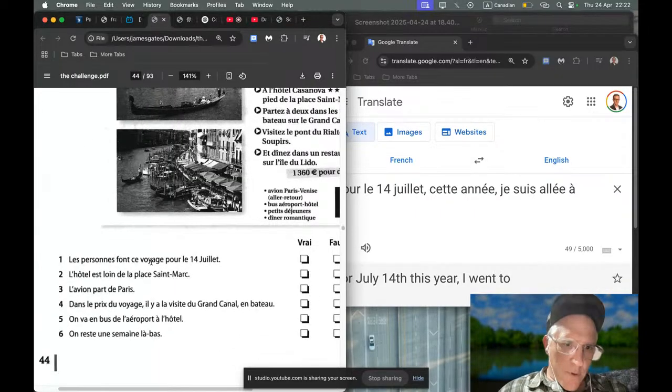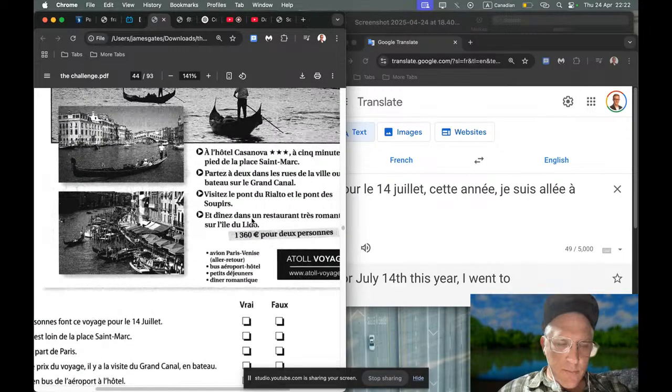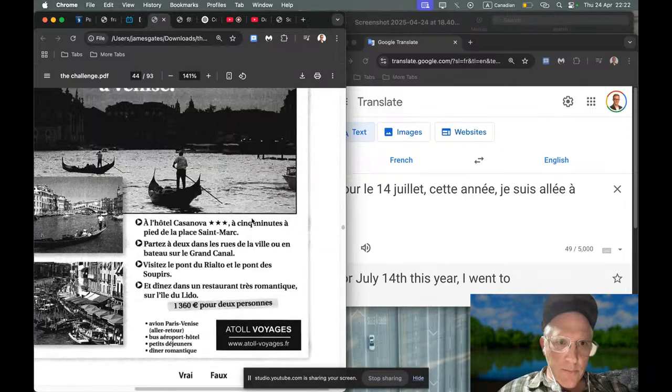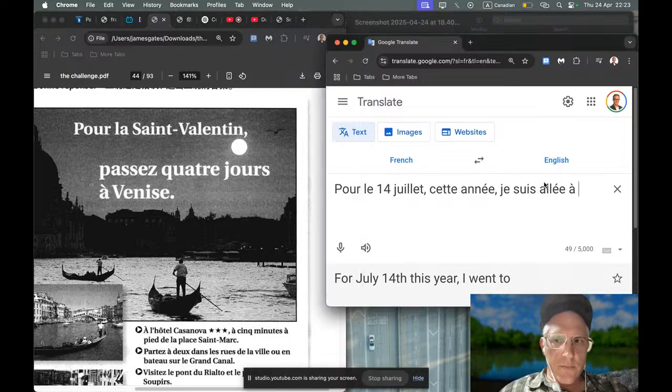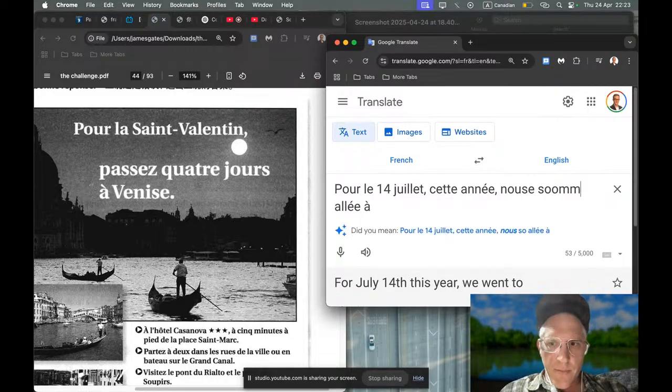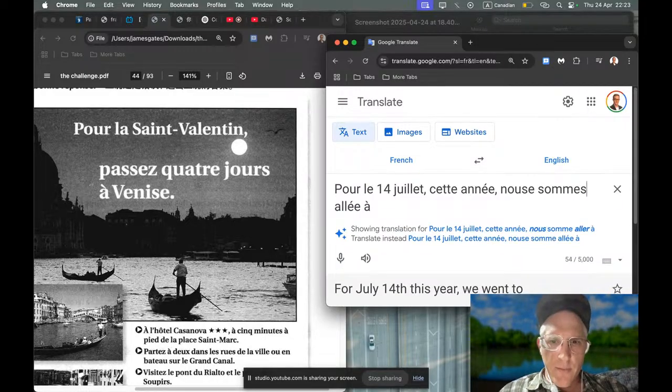Yeah, les personnes font le voyage pour le... Okay, so we got that right. Now, it's not going to be je suis. It's going to be nous sommes. And then aller is going to be with an S. Venice.